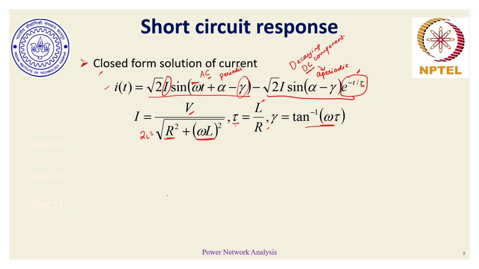We call this tau the time constant of the series RL circuit, which is basically the ratio of L and R, and the unit of tau is seconds. Why seconds?